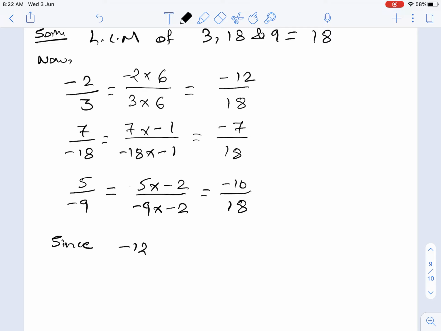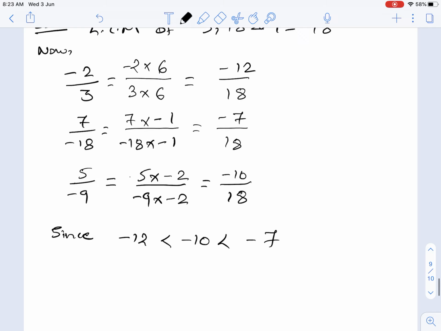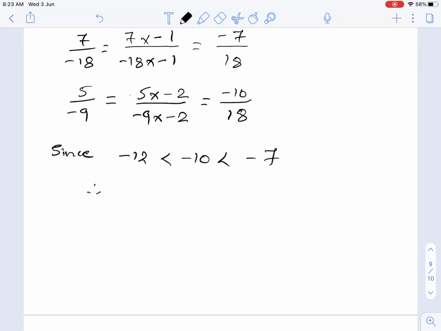Minus 12 is smaller than minus 10, which is smaller than minus 7. Therefore minus 12 upon 18 is smaller than minus 10 upon 18, which is smaller than minus 7 upon 18.